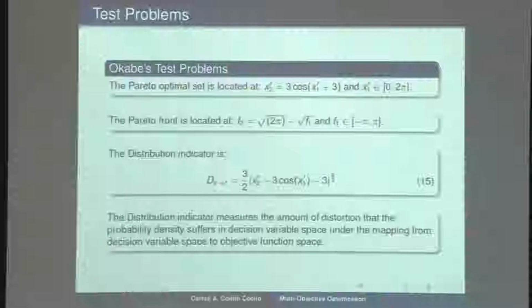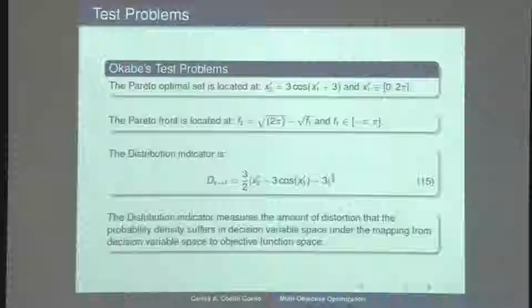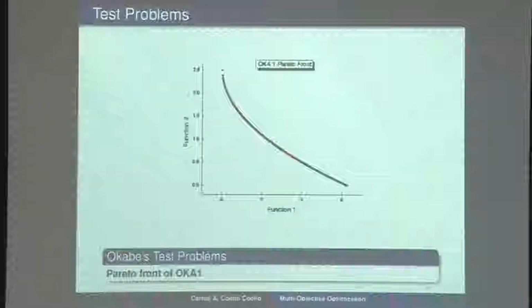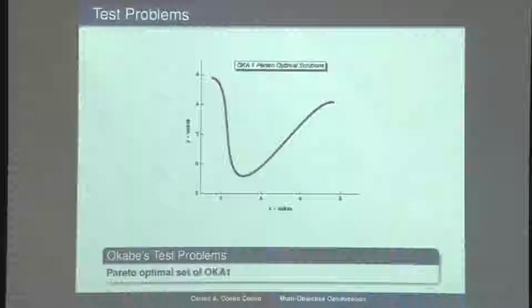And they use this parameter, the distribution indicator, that measures the amount of distortion that the probability density suffers in decision variable space under the mapping from decision to objective function space. So this is objective function space, the true Pareto Front. And this is decision variable space.